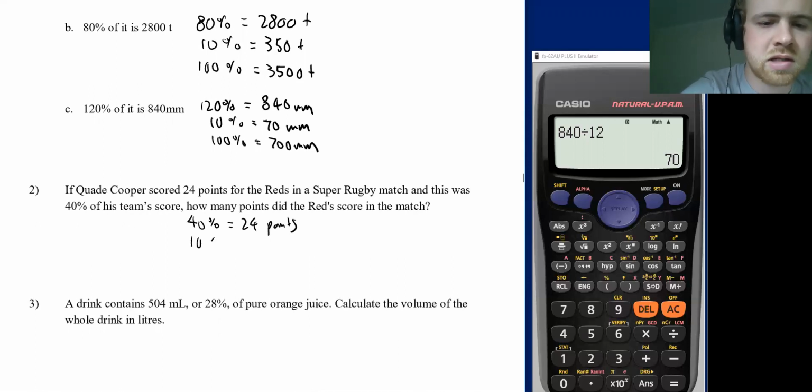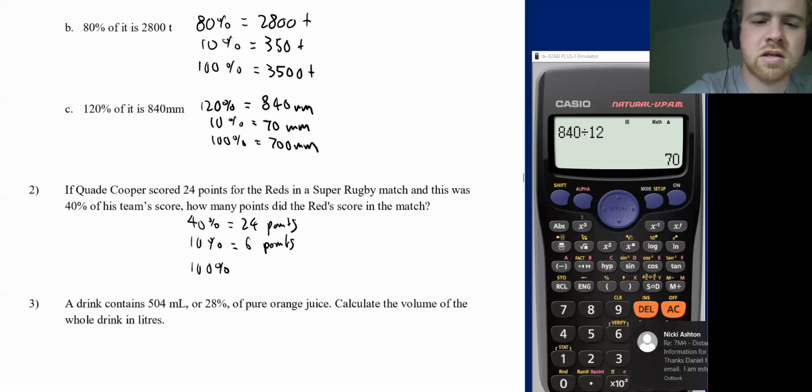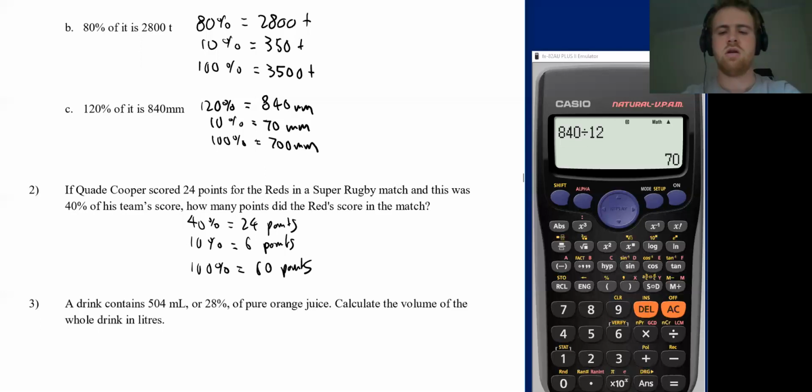That means 10% is going to be 24 divided by 4, which is 6. Which means that in this game, the Reds scored 60 points, which is quite impressive. Well done, Reds.